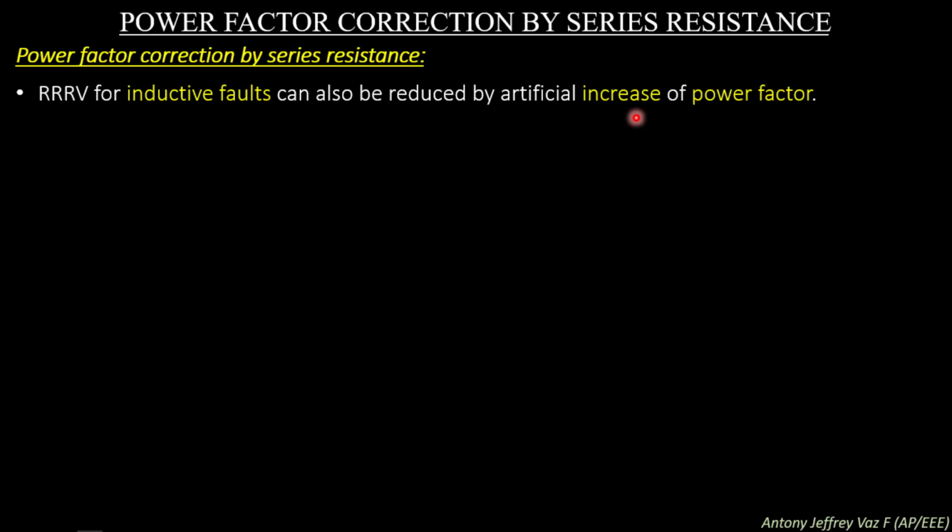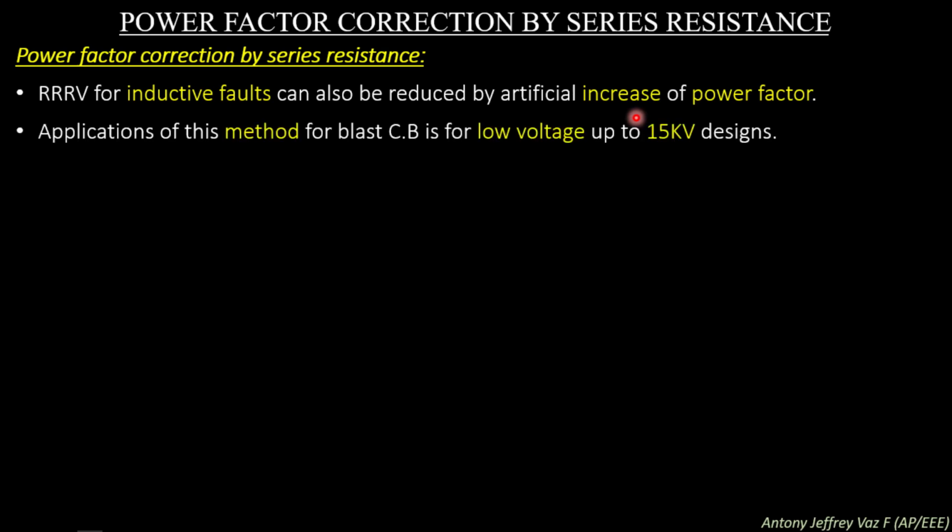This type of inserting resistance across the circuit breaker contacts is known as resistance switching. So, in inductive faults, by increasing the power factor, we can control the rate of rise of restriking voltage. This method is used to decrease the rate of restriking voltage by artificially increasing the power factor.